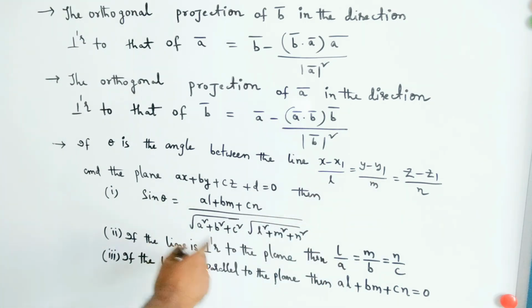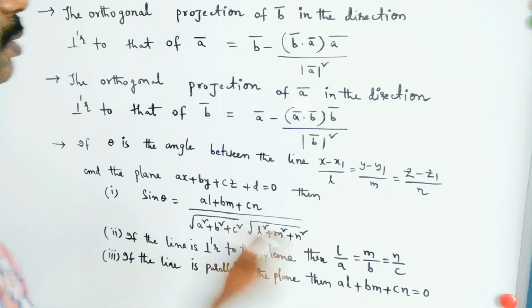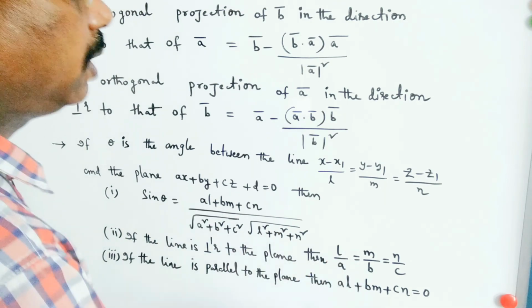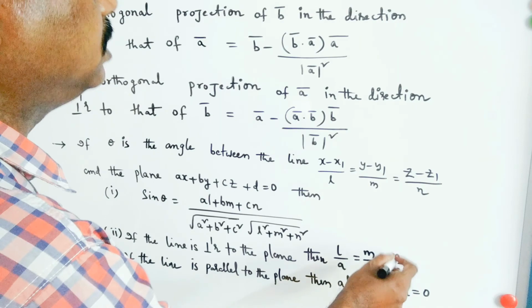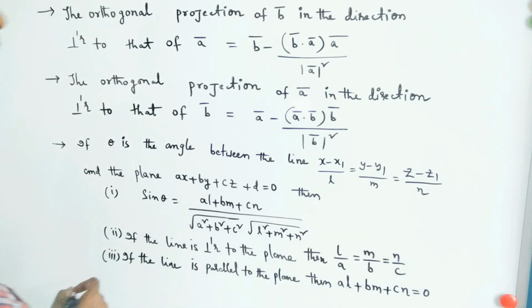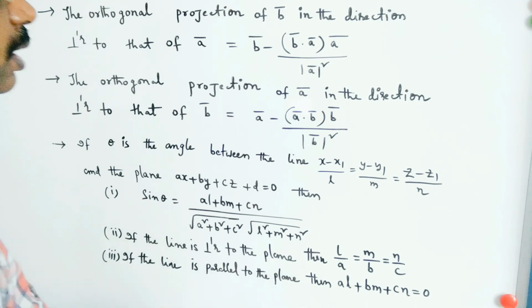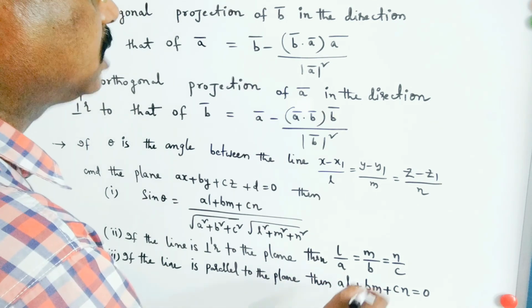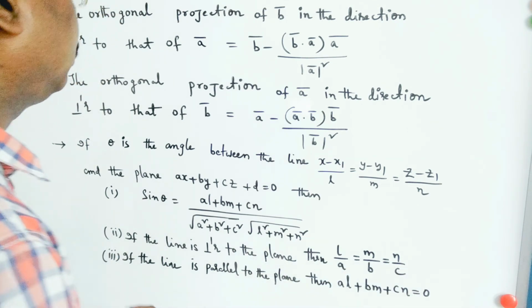If the line is perpendicular to the plane, then the condition is L by A is equal to M by B is equal to N by C. If the line is parallel to the plane, then the condition is AL plus BM plus CN equal to 0.